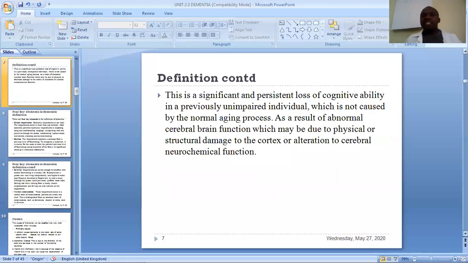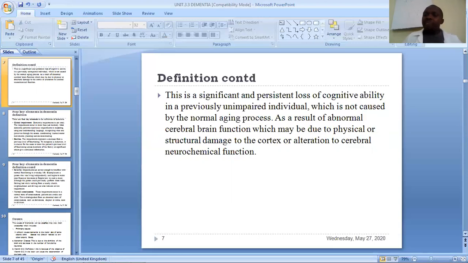Another definition says this is a significant and persistent loss of cognitive ability in a previously unimpaired individual, which is not caused by the normal aging process, as a result of abnormal cerebral brain function, which may be due to physical or structural damage to the cortex or alteration to the cerebral neurochemical function.